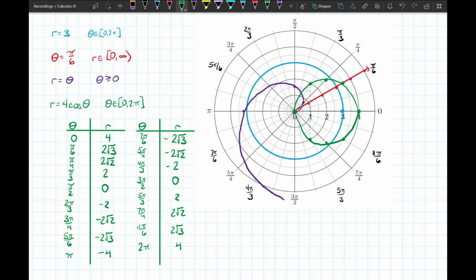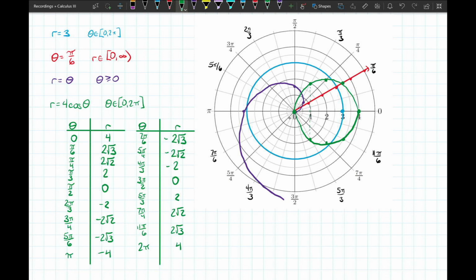Well, because a lot of the symmetry of cosine theta here makes these calculations easier, you can see, of course, 7 pi over 6 is going to give us -2 root 3, which is actually the same as the point that we had at pi over 6, +2 root 3. At 5 pi over 4, r evaluates at -2 root 2.